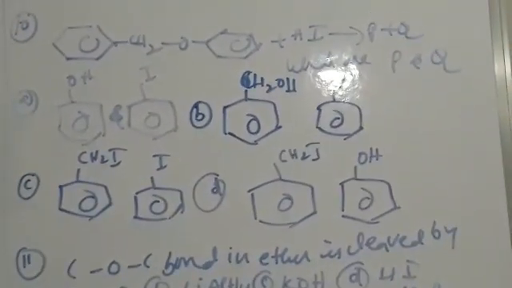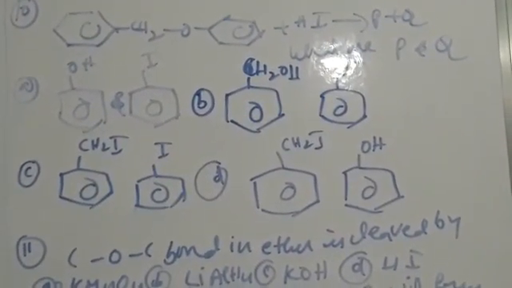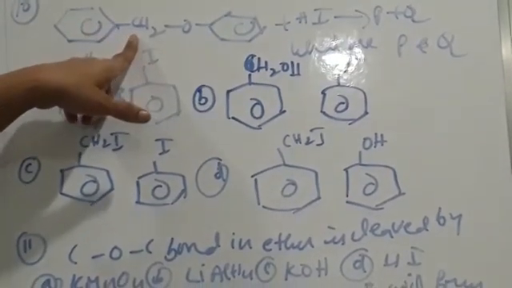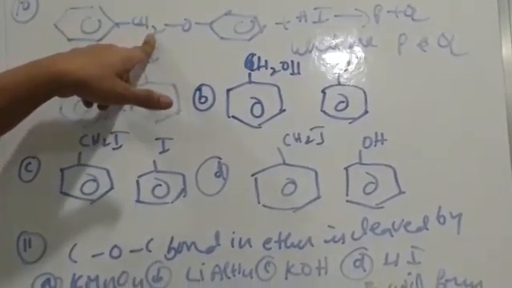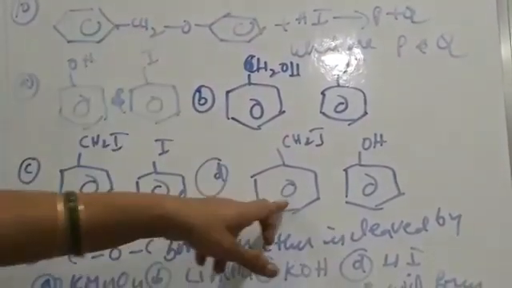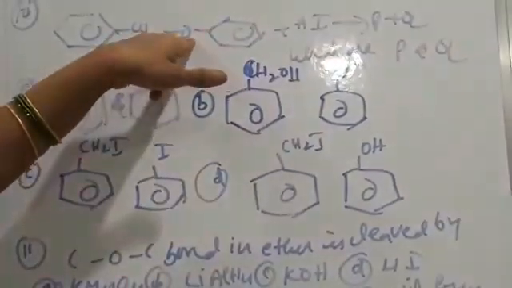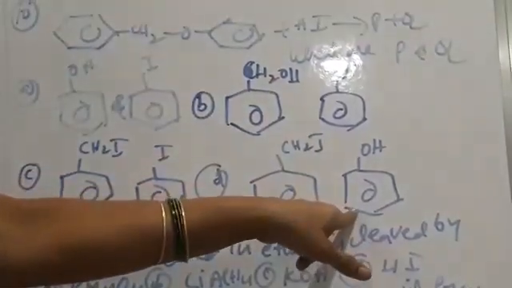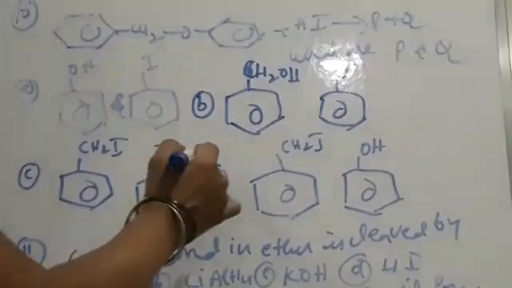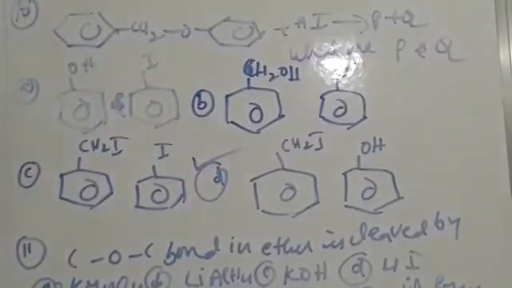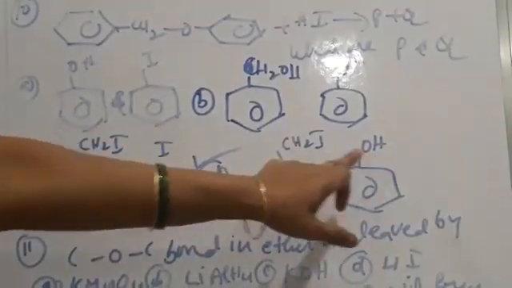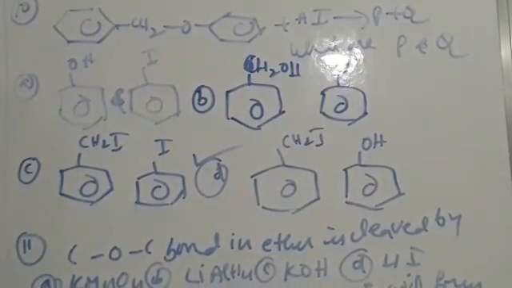Carbon which has more hydrogen atoms. So this is the group having more hydrogen atoms. So iodide linked here, CH2I. So we get this compound, CH2I. And hydrogen linked with this, okay. And we get phenol, okay. So benzyl iodide and phenol. These are the products obtained in this reaction, okay.